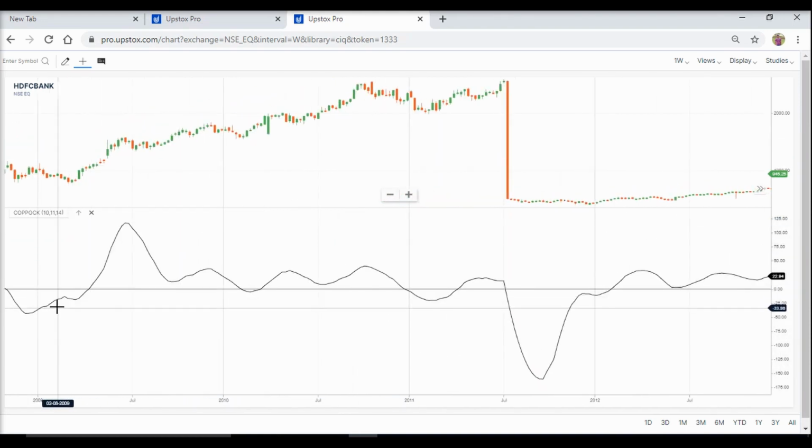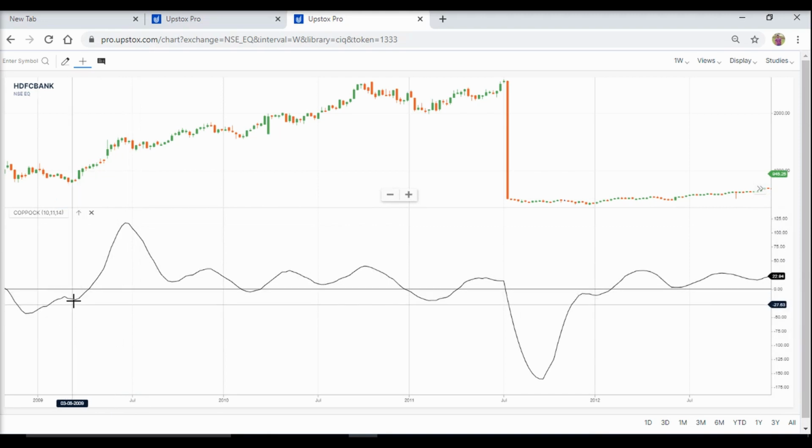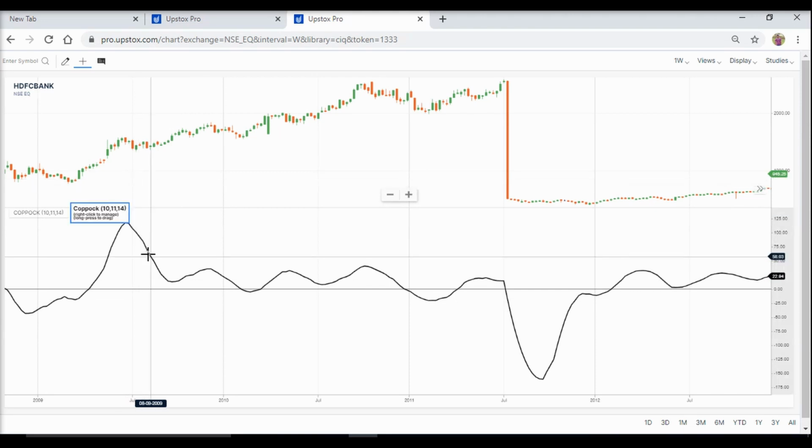As you can see, here you can go for the entry, and you will be exiting your position here, so that you will be saving this point, as well as exiting your position before it gets lower.